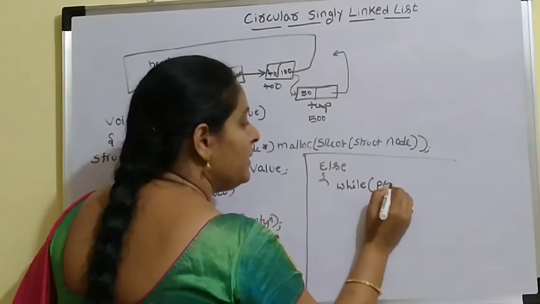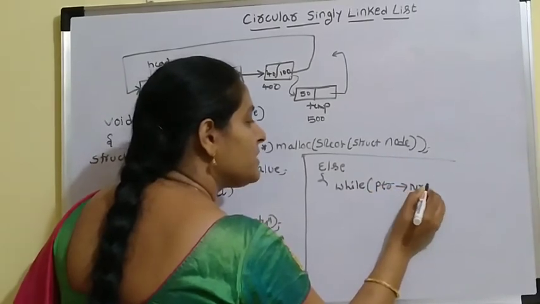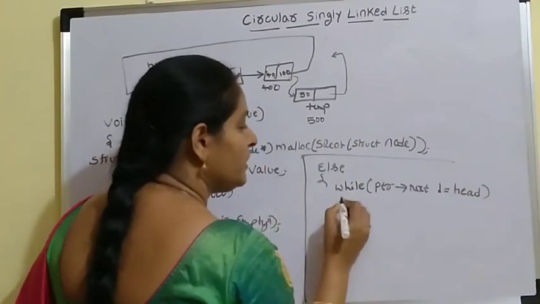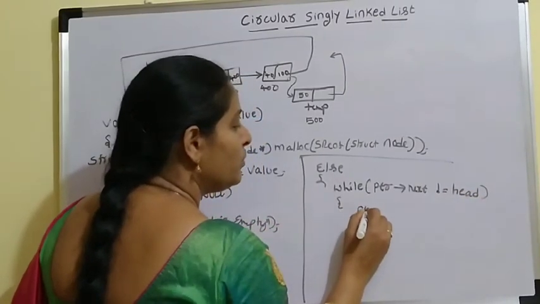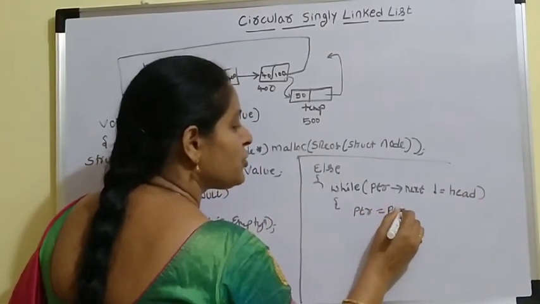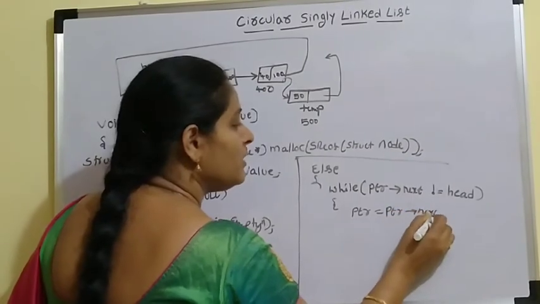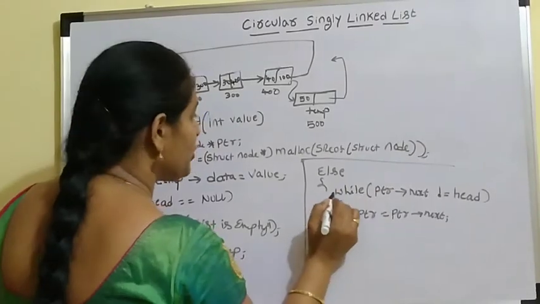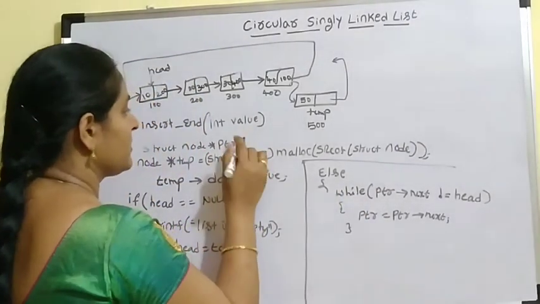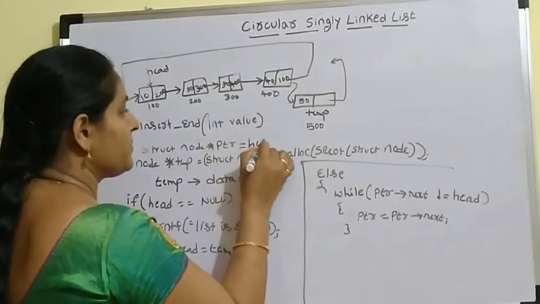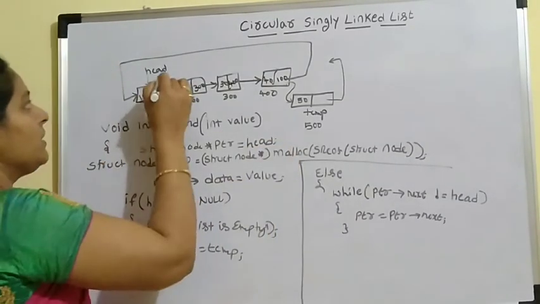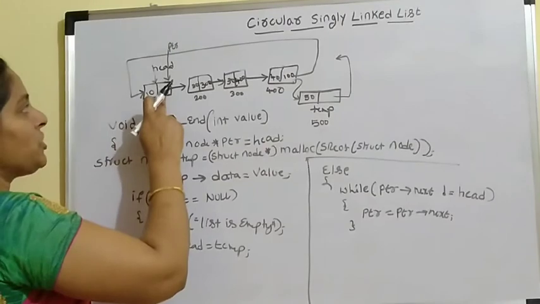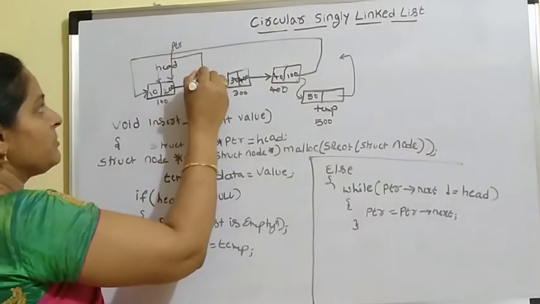Now I am moving this PTR till the end. While PTR next is not equal to head, what we need to do? Move PTR to the next position. Here I need to initialize PTR to the head address. Now PTR next is not the head address, so move PTR to the next position.